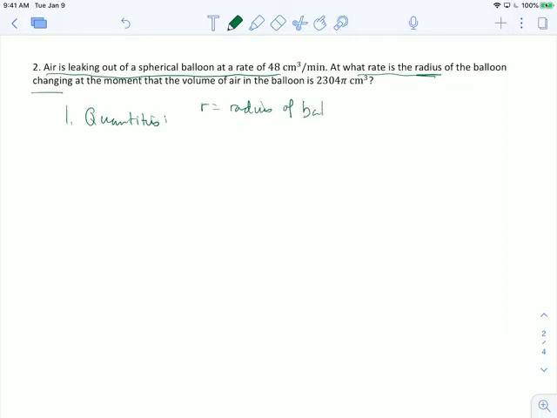And even though the word doesn't appear in the first sentence, it appears later on, we're told that the volume of air in the balloon that we're interested in at the moment we're interested in is 2,304 pi cubic centimeters. So volume is the other variable that we're interested in. That's the amount of air in the balloon.